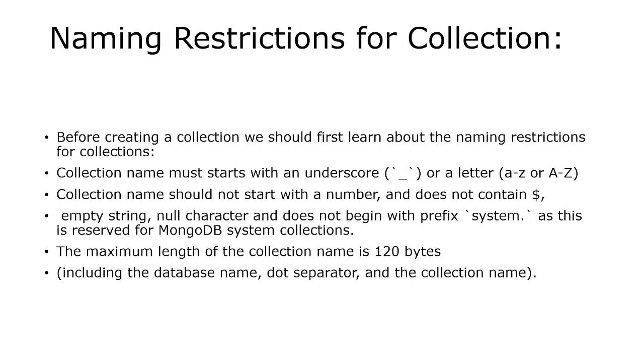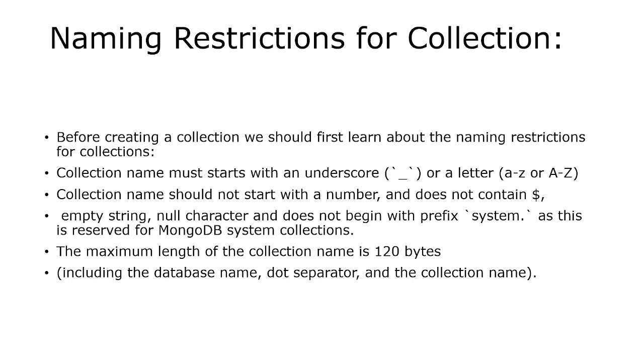These are some of the rules for naming collections in the database. Before creating a collection, you should learn about the naming restrictions for collections. These are the general rules. The collection name must start with an underscore or a letter. It must not start with a number or the dollar symbol, which is a special character.